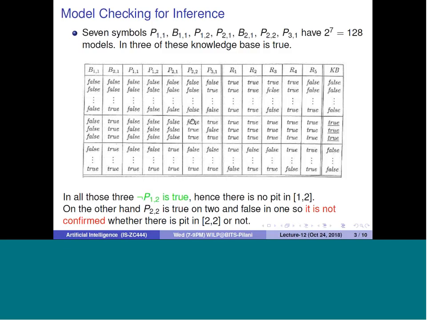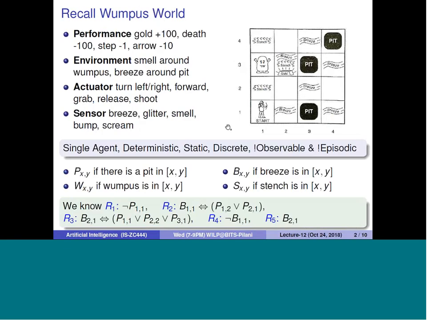But you can proceed to 2-1 and 1-2, because you can see that all the values are false. This is the same thing written over here. So hope it is clear that you have seen in this example, if this particular world is given to you, how you can create a system by which you can represent the knowledge.